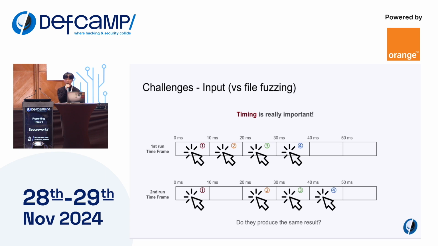This means the location referred to by the clicks doesn't change in the two running examples. However, the timing of when the events were sent is slightly different, as shown in the pictures. In the first run, clicks are sent at 0, 10, 20, and 30 milliseconds. And in the second run, we are sending at 0, 20, 30, and 40 milliseconds.